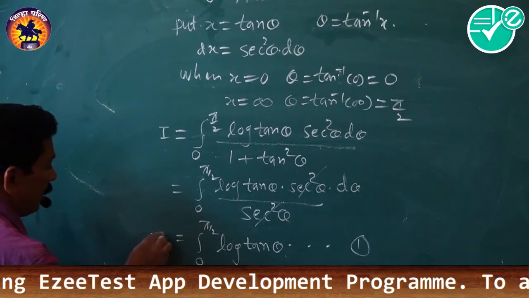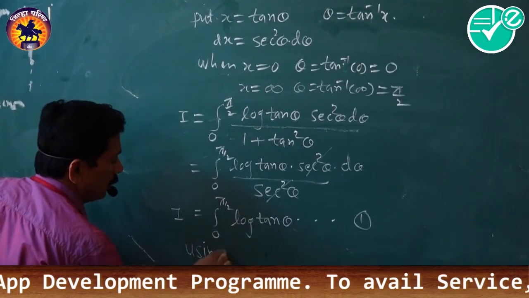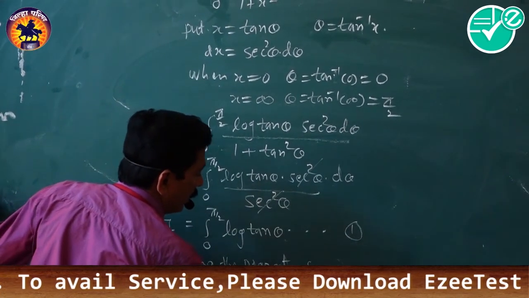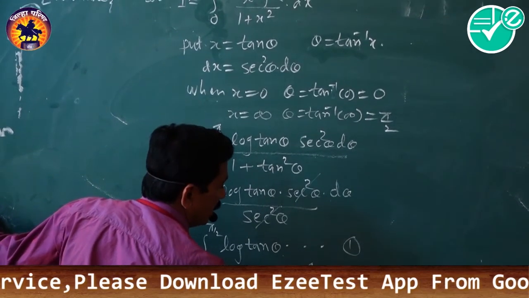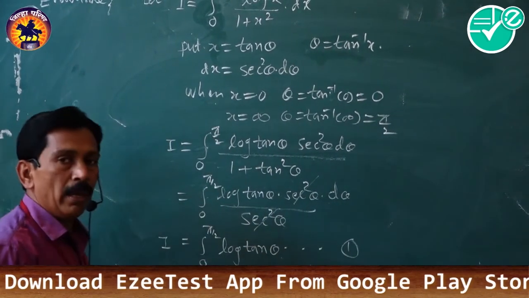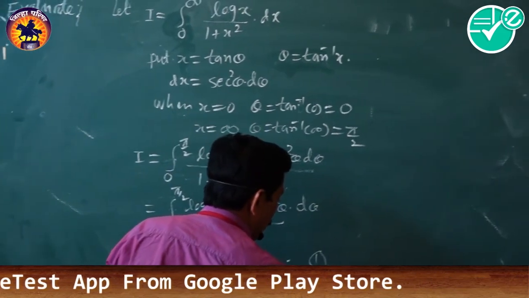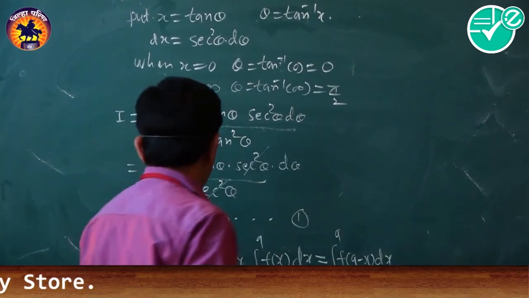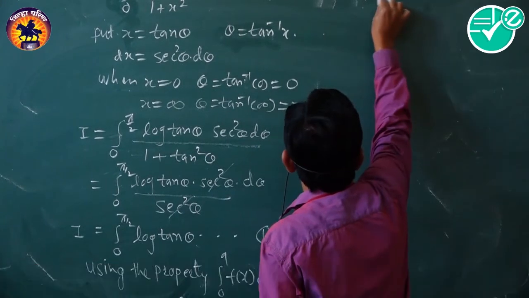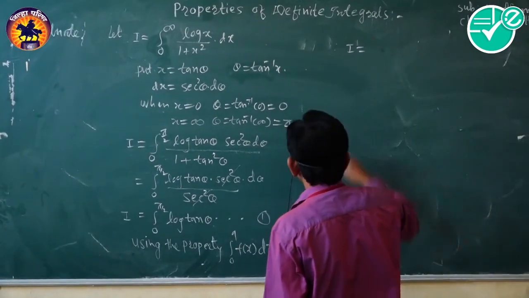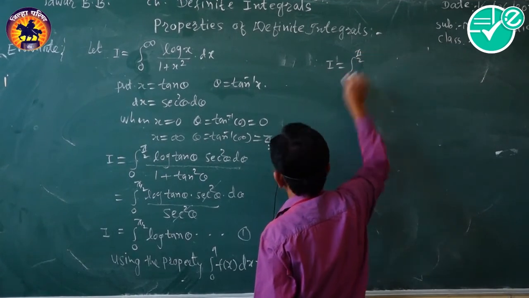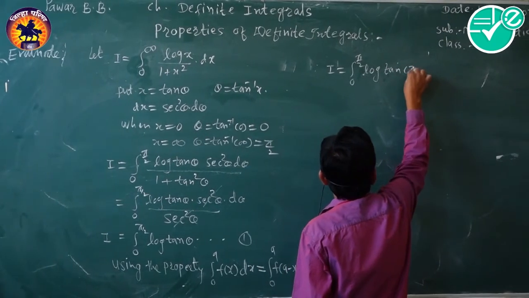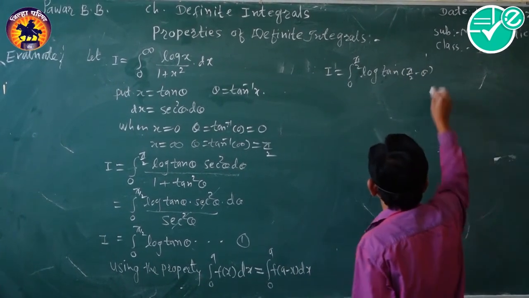Now using the property, integration from 0 to a of f of x dx is equal to integration from 0 to a of f of a minus x dx, therefore I is equal to integration from 0 to pi by 2 of log of tan of pi by 2 minus theta into d theta.